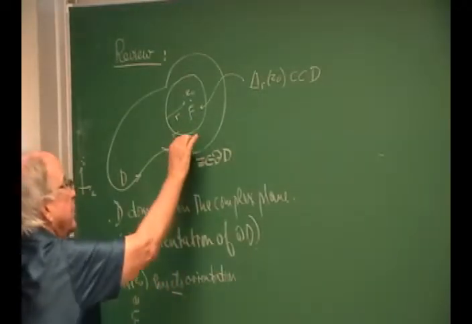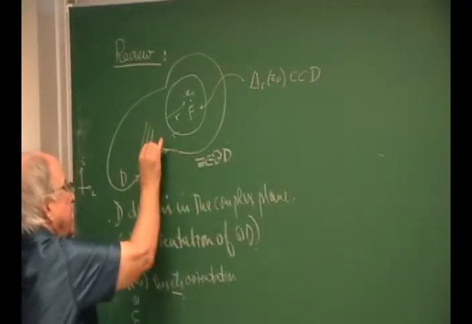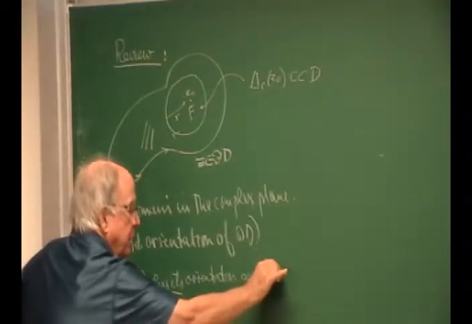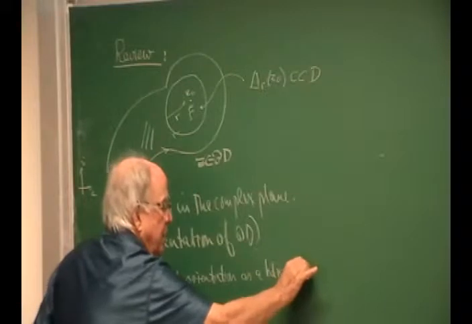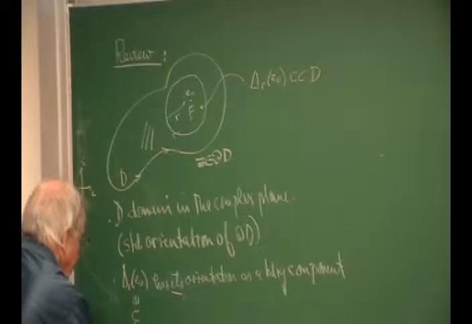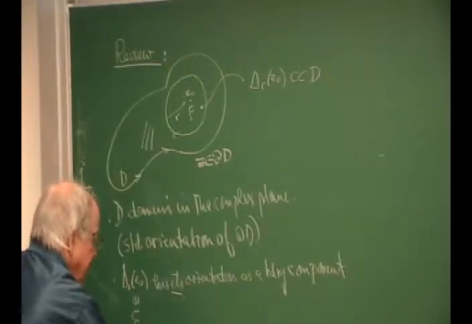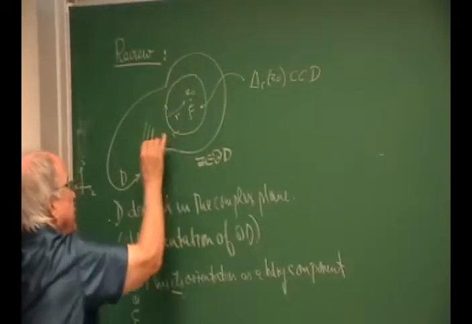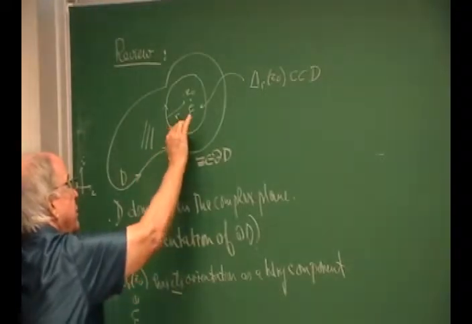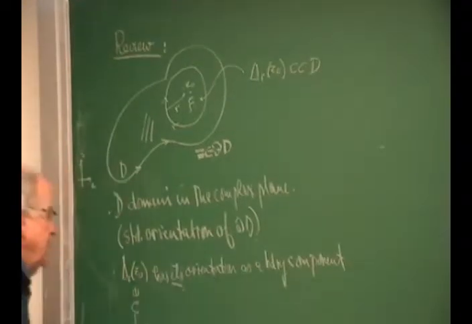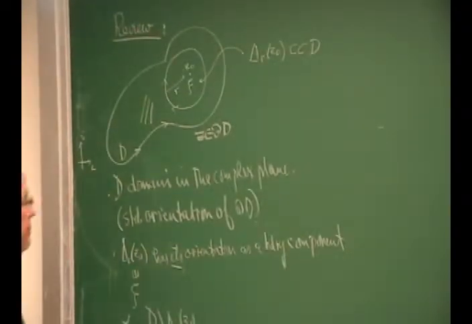But it's important that its orientation is such that it's a boundary component of the difference D minus the disk. That's this picture: if you run around this way, you keep the domain on the left, and it's the same statement here. So that's the setup.